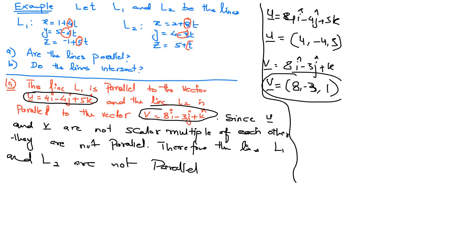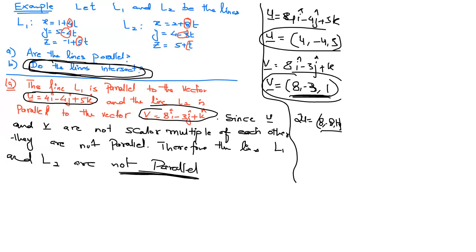If I multiply u by 2, that becomes 8, minus 8 and 10, which is not equal to v. So if you multiply by any scalar, it will not give you the other vector, so they are not parallel. Now the second part is that you have to show whether they intersect or not. So this is part B, section 11.5.